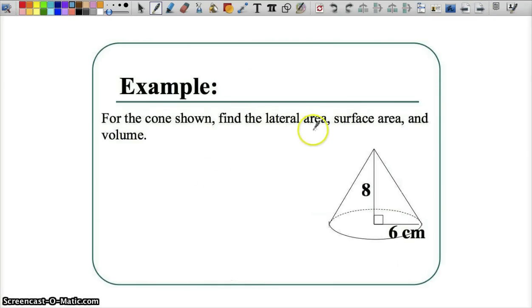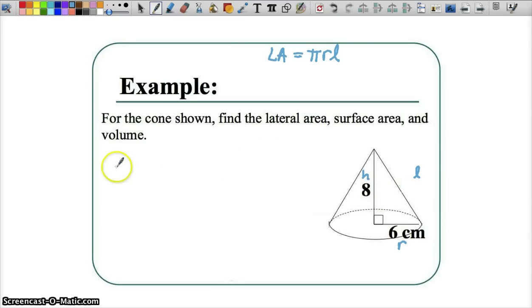So for the cone, find the lateral area, the surface area, and the volume. Well, first of all, the lateral area for a cone is pi r L. So we have the radius, this is r, this is our h, this one out here is our L. Now we don't have the slant height, but it's a right triangle.